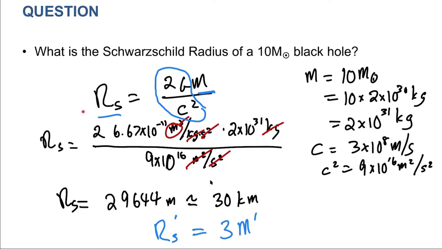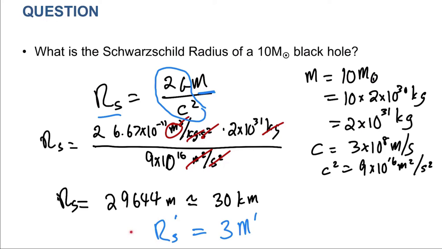This is the formula that you need to use if you have things other than kilometers and solar masses. But here you have to use the units of G, which have meters and kilograms and seconds. So if you plug in meters, and the mass here has to be in kilograms, you'll get a Schwarzschild radius out in meters. Both of these equations are right. You just have to use them with the right units.